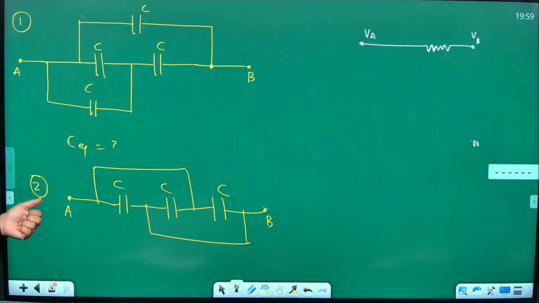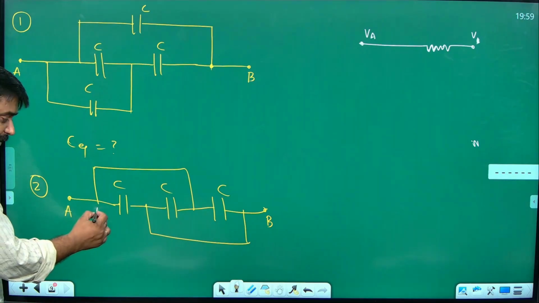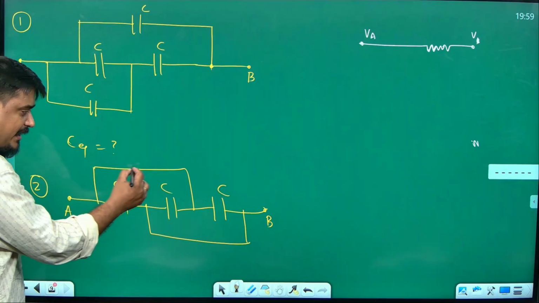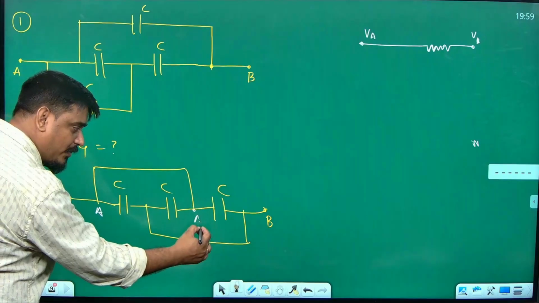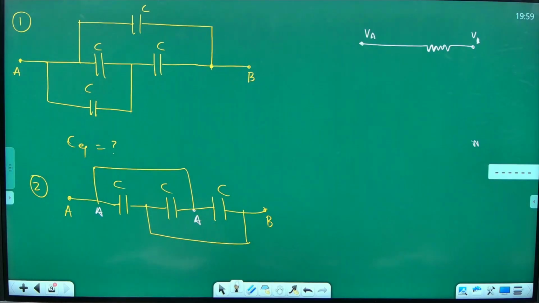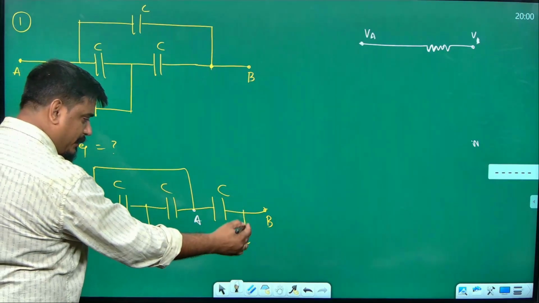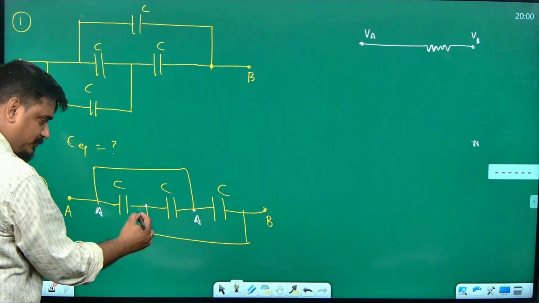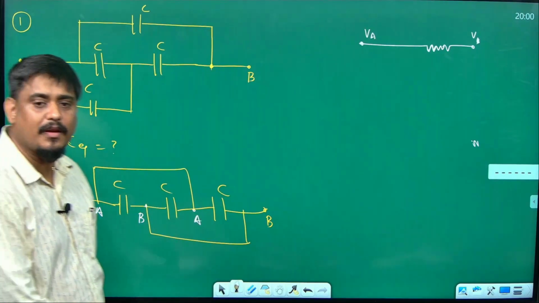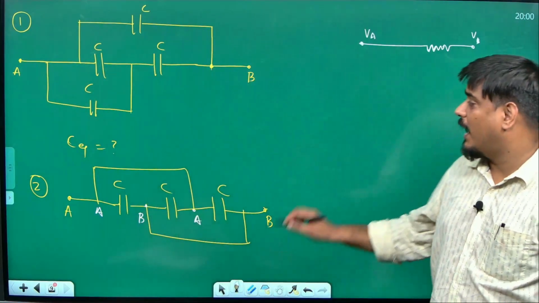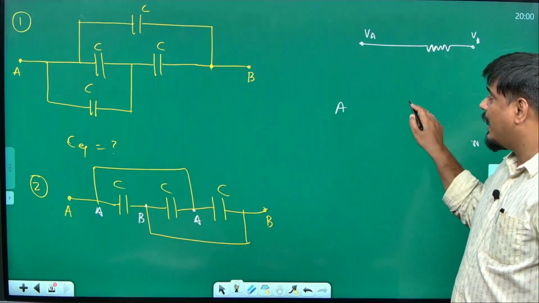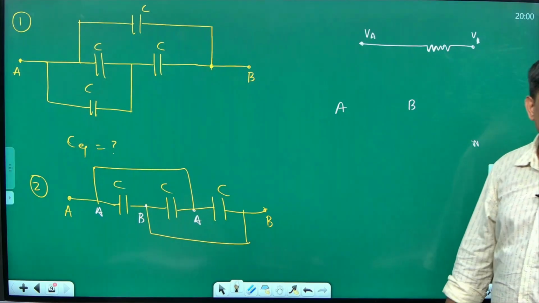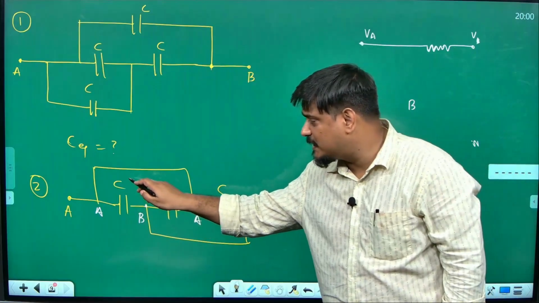So, if this is A, this is A, this is A, this is A, this is also A. If this is B, this is also B. Now, I am going to draw A and B. This C is between what and what?